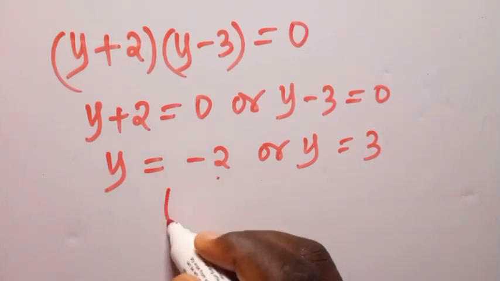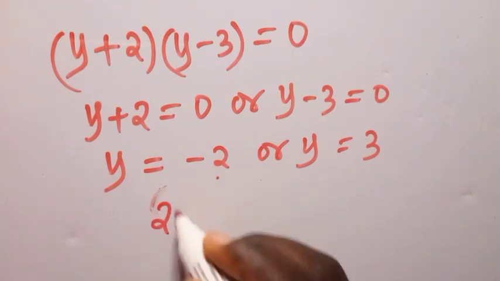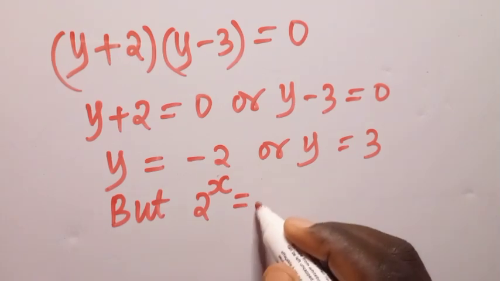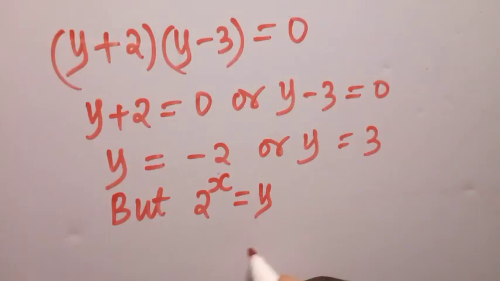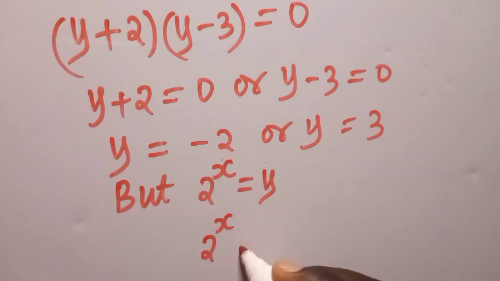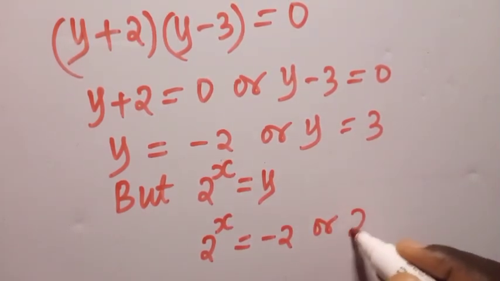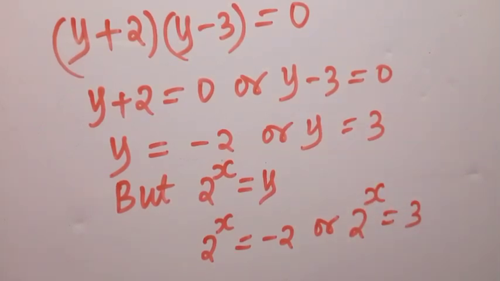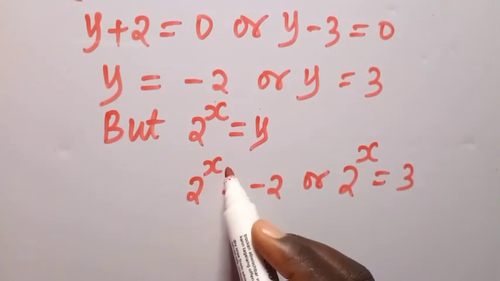But we had let 2 raised to x equal y. Now, since 2 raised to x equals y, that means we shall have either 2 raised to x equals -2 or 2 raised to x equals 3. Then from there, we need to solve for the value of x.